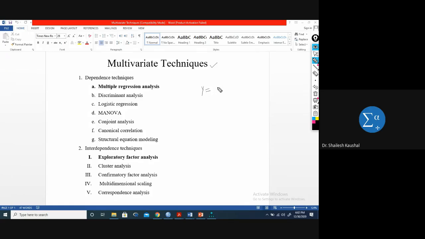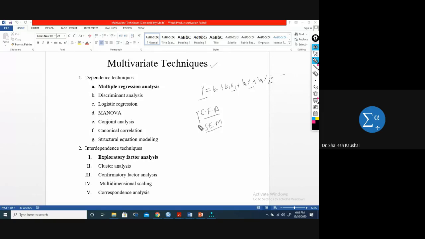More than two means, like multiple regression analysis, b1 x1 plus b2 x2 plus b3 x3 and so on. There are many variables, 1, 2, 3, 4 and so on, and one dependent variable. Now the question is about CFA and SEM. SEM means structural equation modeling.